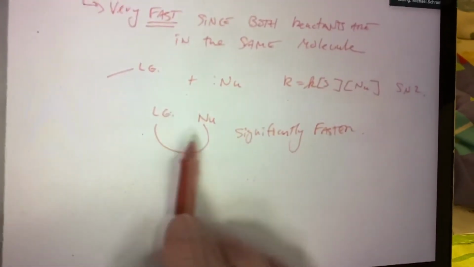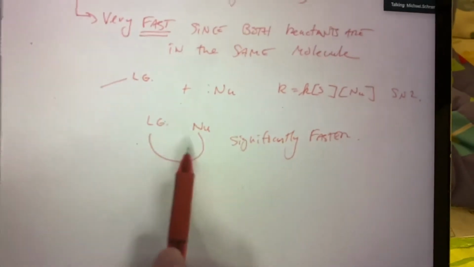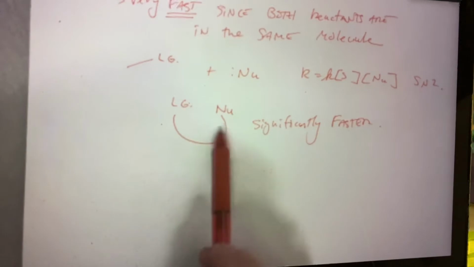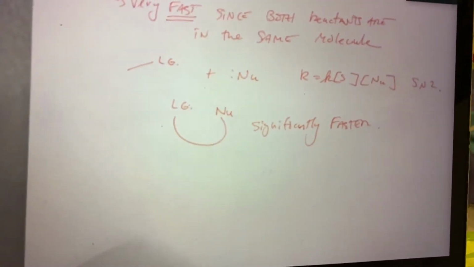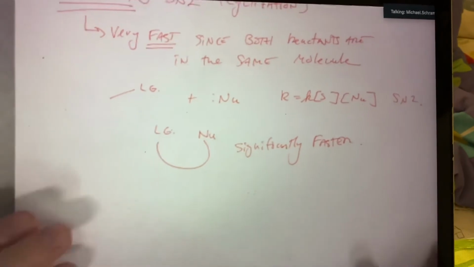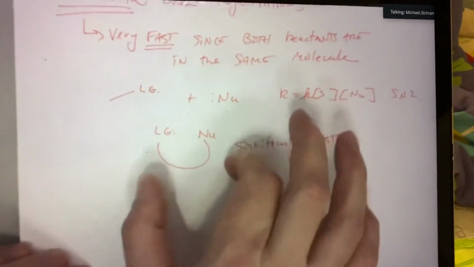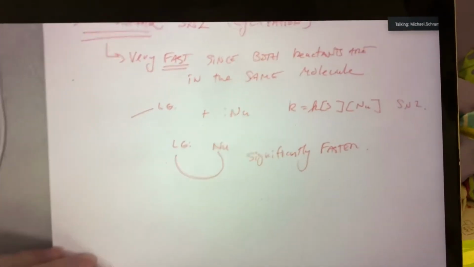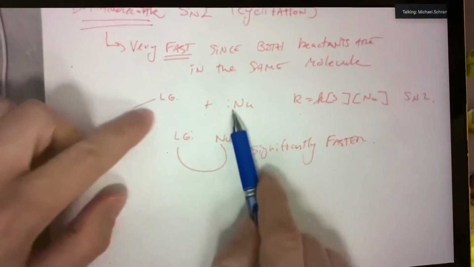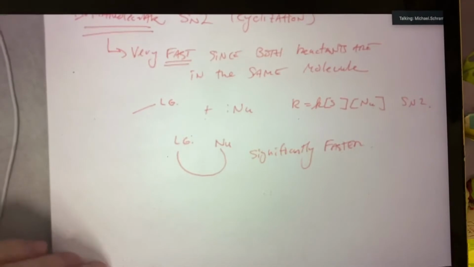But just imagine that these two things don't have to find each other in a big pot. They're a few angstroms apart from one another. They just have to collide with one another and it's over. So intramolecular reactions will be much faster due to this particular facet that the kinetics have changed drastically. The two things just have to find each other a few bonds away from one another, not all over different locations in a flask. So we're going to use amines for this.